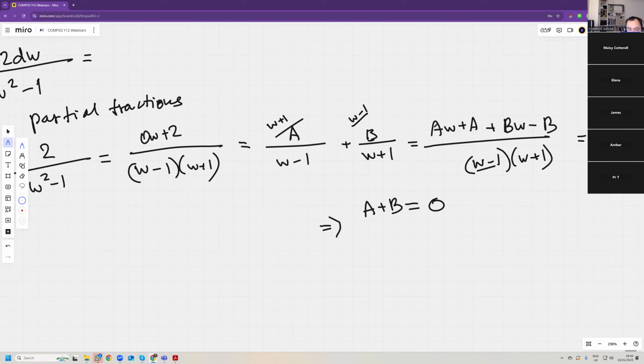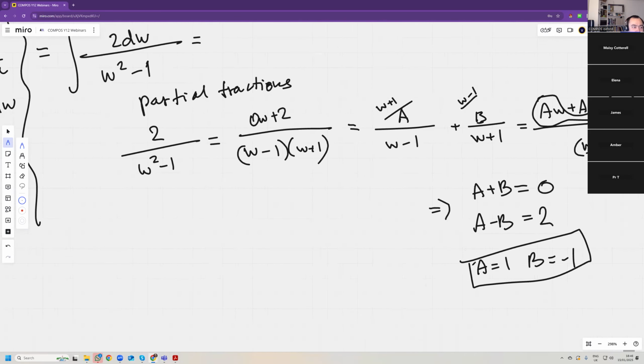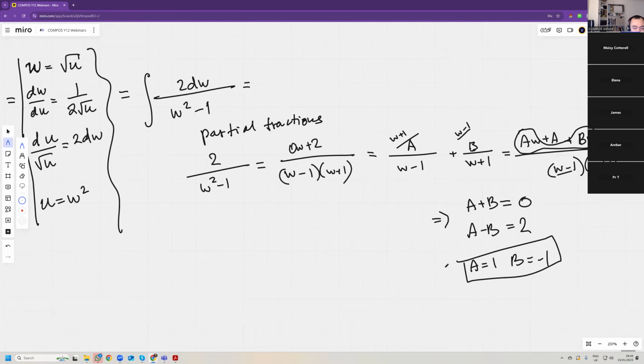So a plus b must be 0, and a minus b must be 2. So a is 1, b is minus 1. That's the only solution. And therefore, this fraction can be written as the integral of 1 over w minus 1 minus 1 over w plus 1, dw.